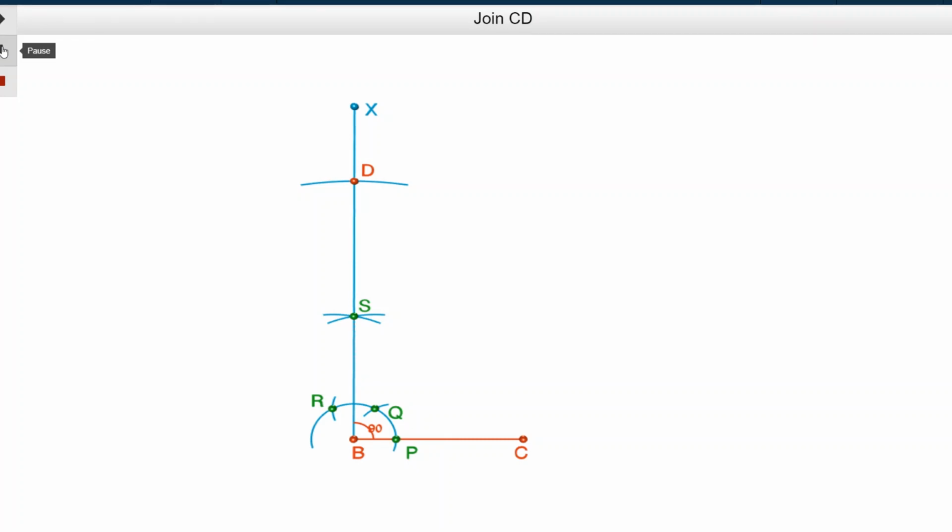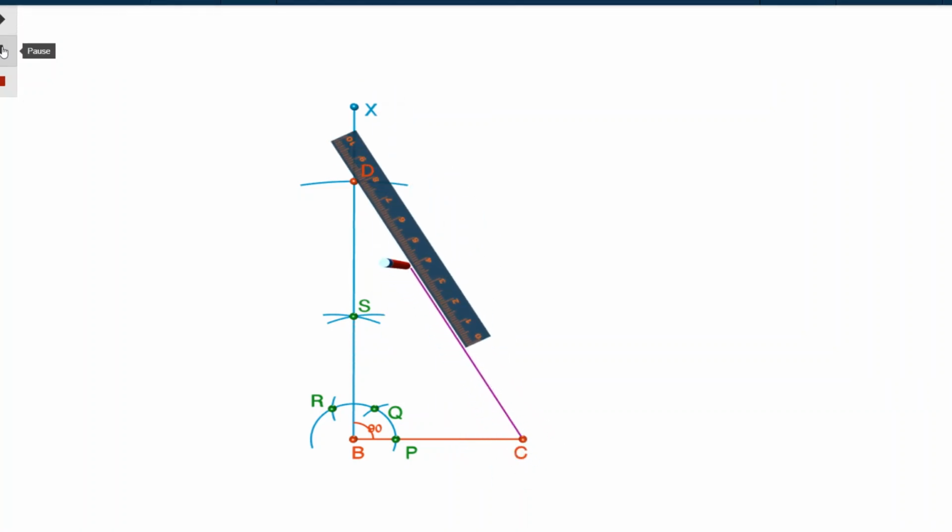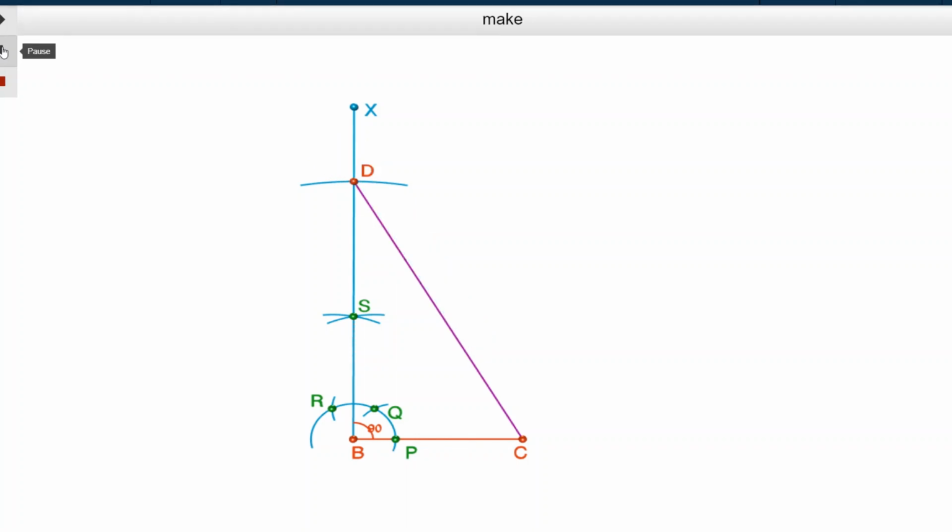Now see triangle BDC. We have to construct, at point C, angle DCY equal to angle BDC.